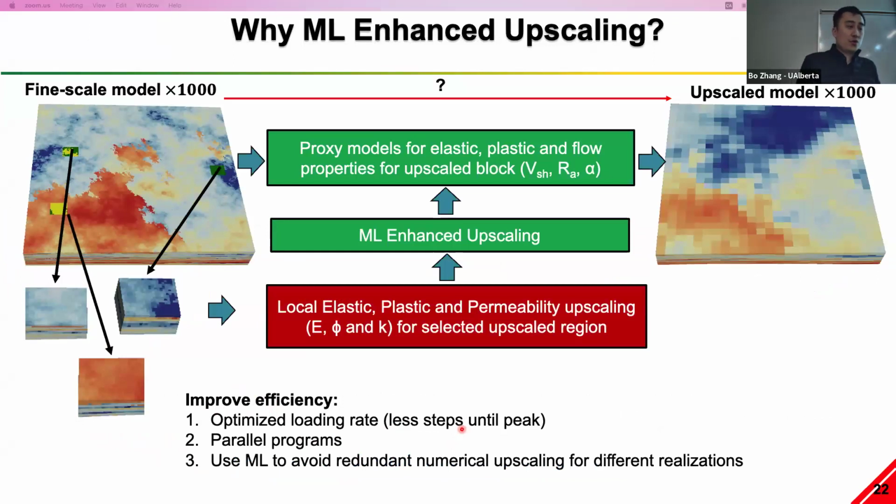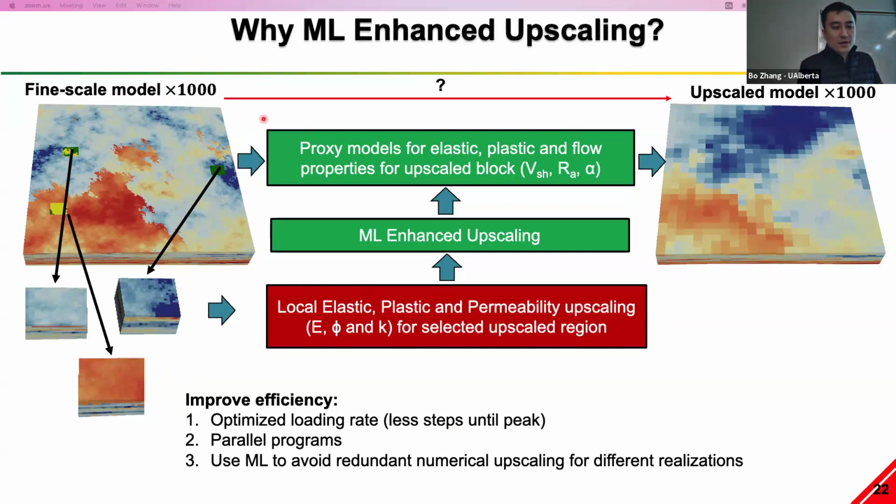That's why we need to bring in machine learning enhanced upscaling. So as we can see here, if we have 1,000 realizations for the fine scale model, and we do want to upscale the models, that means we need to do it 1,000 times. But a lot of the computations are going to be very repetitive because those upscaled regions are going to look very similar, right?